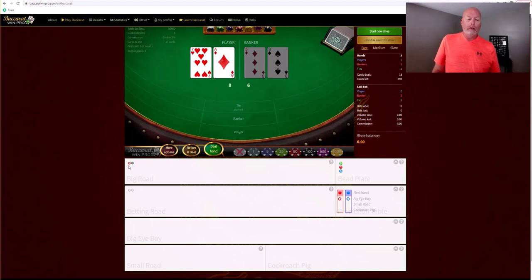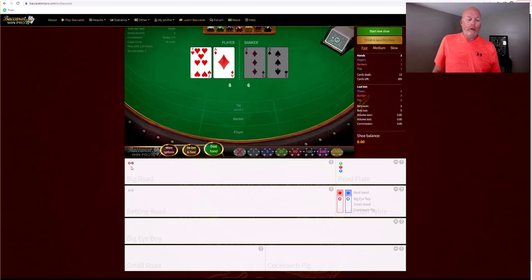You're going to move one to the left for the big-eyed boy road, one to the left. And you're going to say, okay, from this space, is this space going to be the same as what's above it? Are there matching things there? In this case, would there be two red marks there, or in this case, no, there's not.